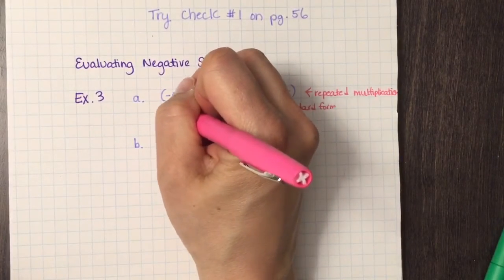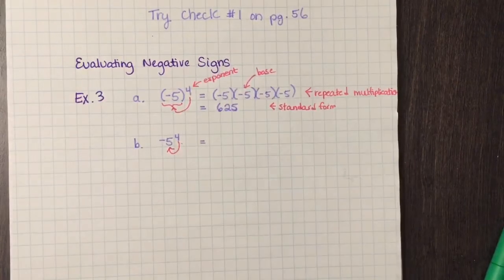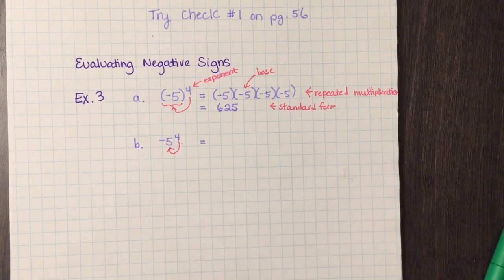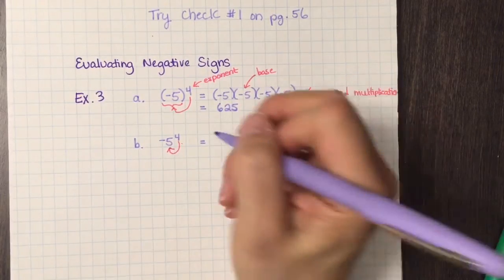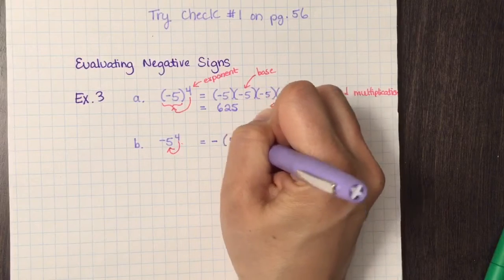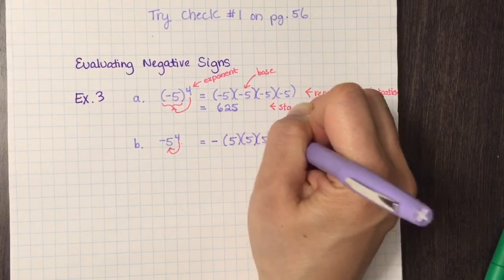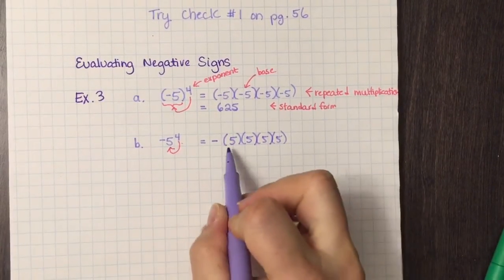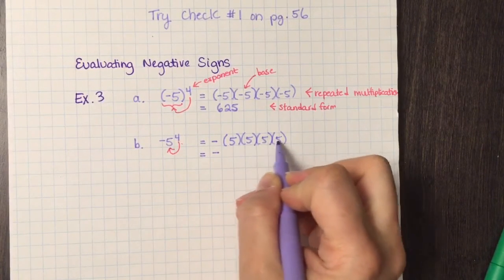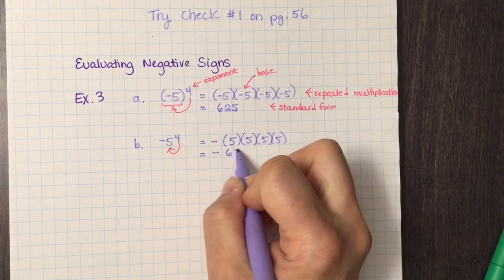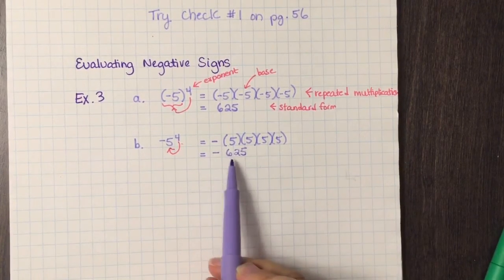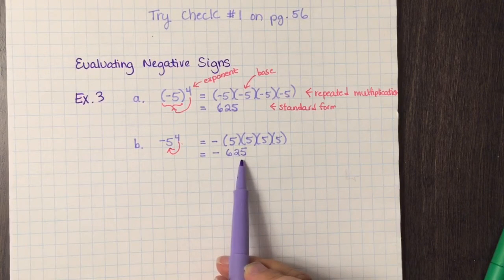Here, what's directly in front of the exponent is encompassed by the brackets. With no brackets, we have to look at just what is in front. So that would mean we would have a negative and then all of our 5s. So when we write down the product, it's going to be negative, and then what's 5 times 5 times 5 times 5? 625. So the negative sign applies to the whole expression.